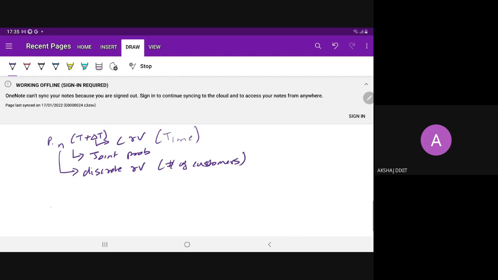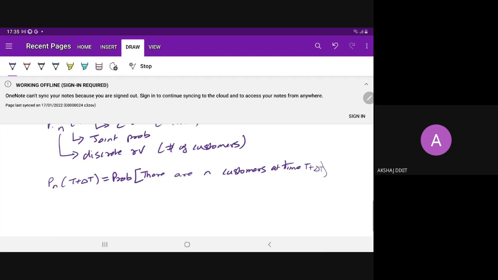So what is the meaning of P_n(t)? Can you tell what is the meaning of P_n(t)? It is the probability that there are n customers, the state of the system being n customers, at time t plus delta t.